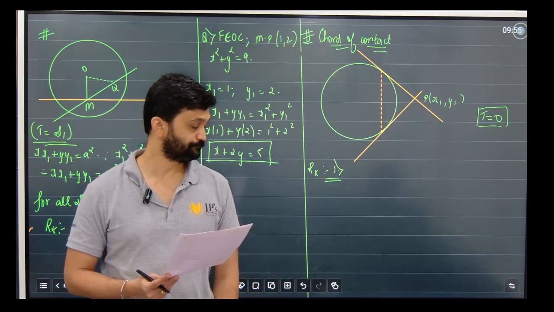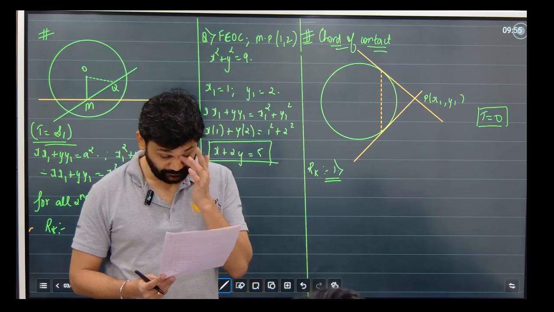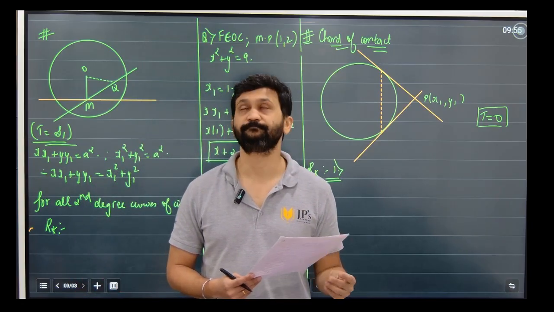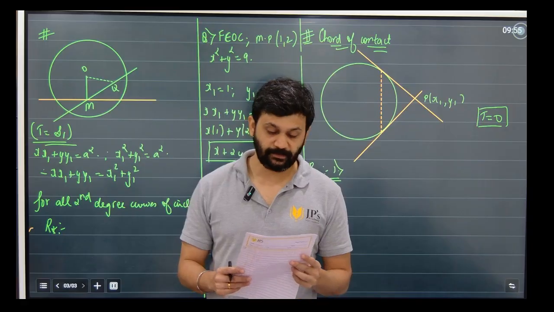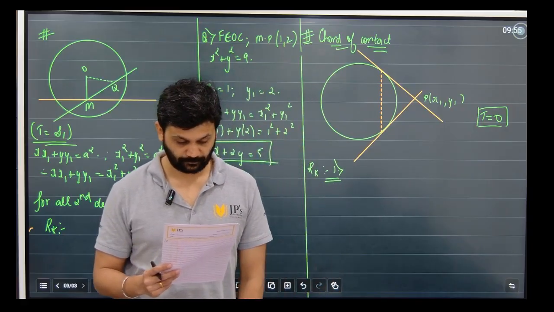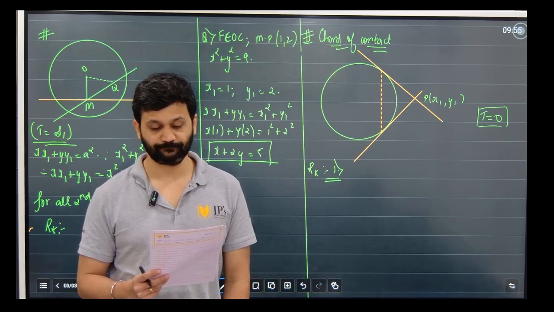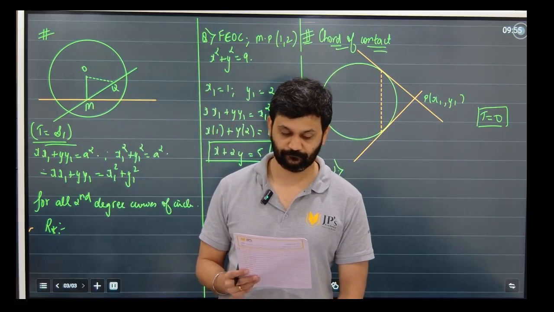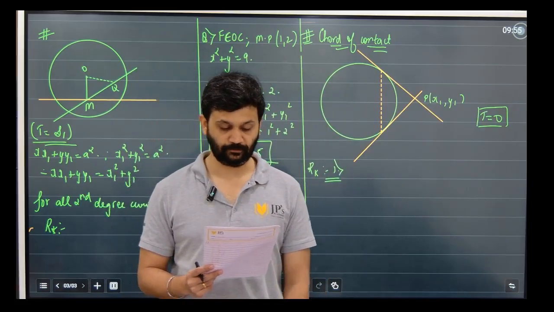Second remark: if the point P is outside the circle, then T is equal to 0 is the chord of contact.